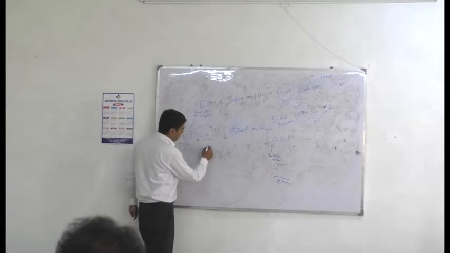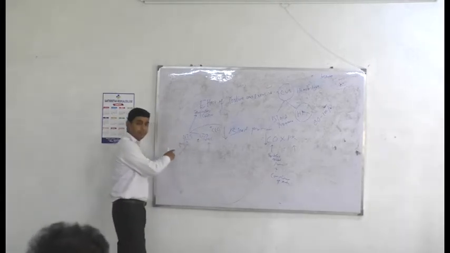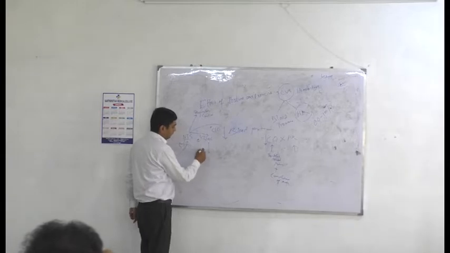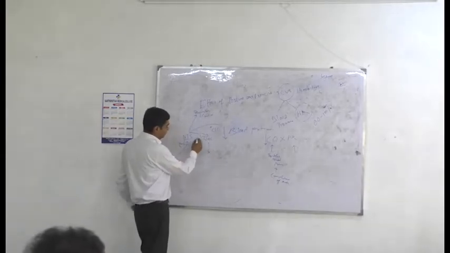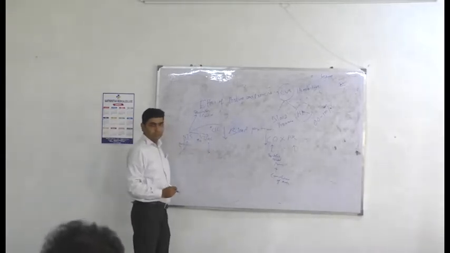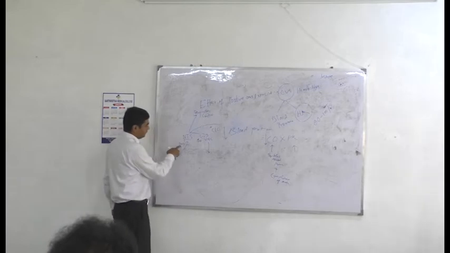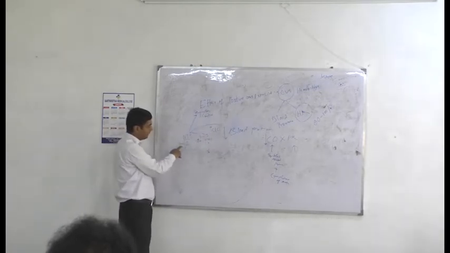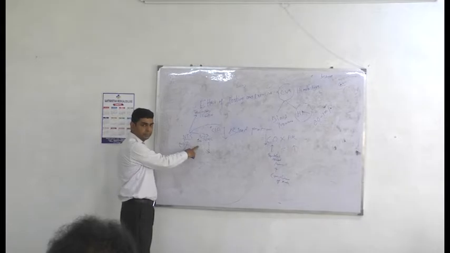For the vasomotor center, if it is negative, then what happens? Then it is positive. If the inhibitory input is negative, the output is positive.